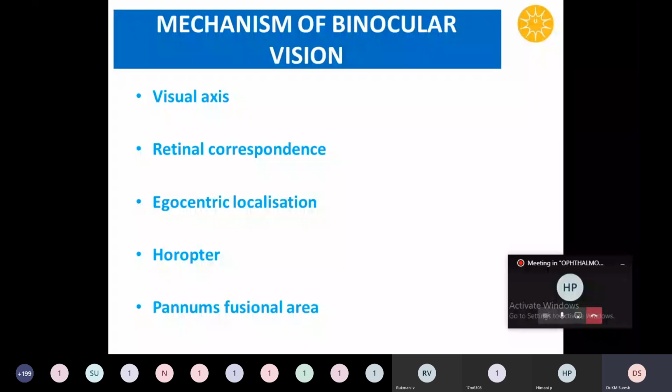Egocentric localization should be there, and horopter and Panum's fusional area are again technical details which are part and parcel of binocular single vision. You need not know the details, but you should know there is something called horopter and Panum's fusional area.